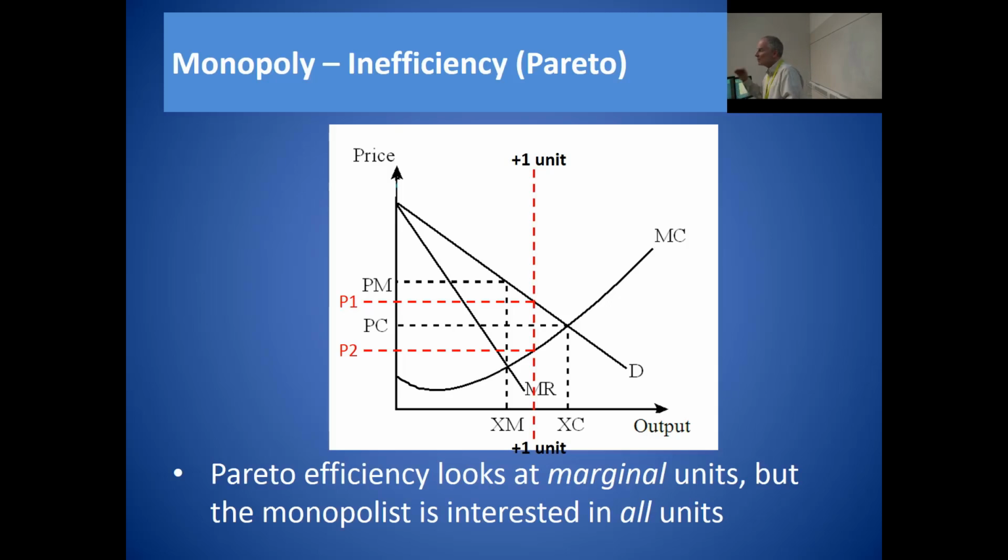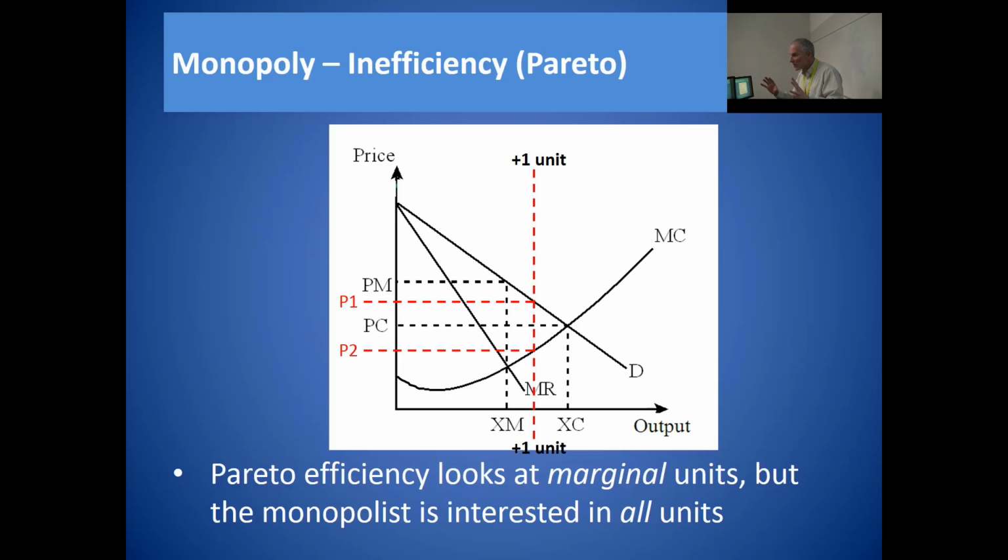Because competitive firms can't affect prices. But expressly because we're looking at a monopolist who has market power, what happens when the monopolist produces that next unit? What happens to the price of all preceding units? It falls.